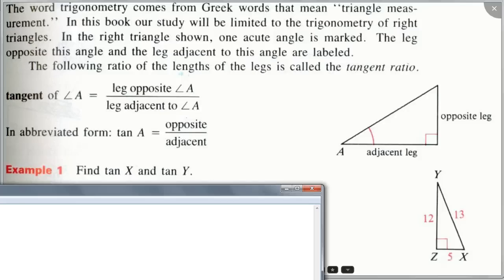So let's look at the angle x. Which side is opposite of this angle x? Say it again. ZY is correct. So ZY is the opposite side of this angle, isn't that right? Then which one is the adjacent leg?